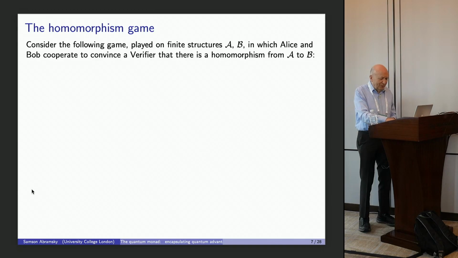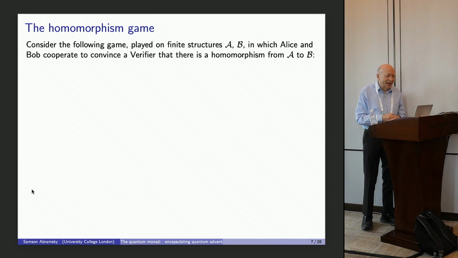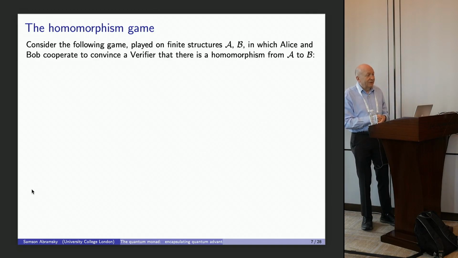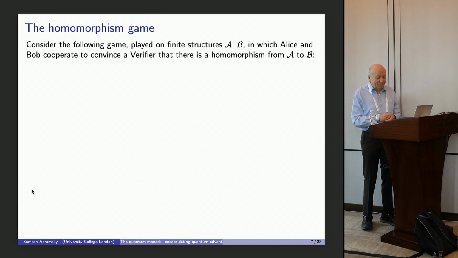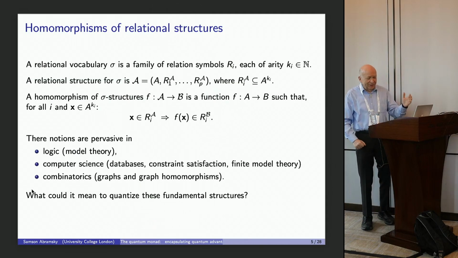So in particular, we can consider a homomorphism game, which is played on these finite structures. And the idea is that Alice and Bob have to cooperate to convince a verifier that there is a homomorphism from A to B. By the way, if you want to think of a concrete example, think of graphs.